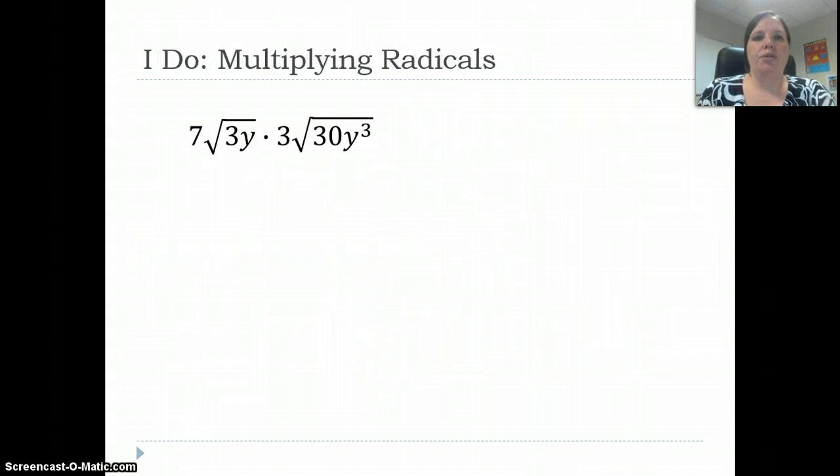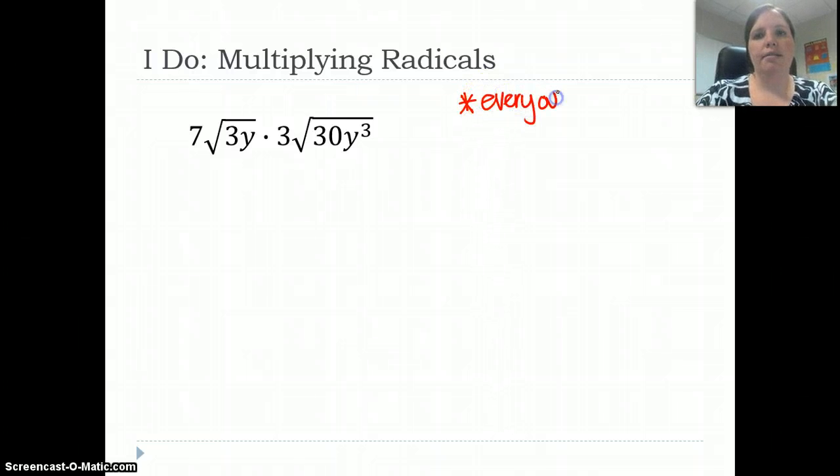So we're going to do this I do first off, and I know it looks like it's got a lot to it, and that's what a lot of these radical problems are like, but if you dissect it and use your properties, you'll be just fine. So the idea when you're multiplying radicals, and this is the main focus, is that if you look at the operations, I just have multiplication.